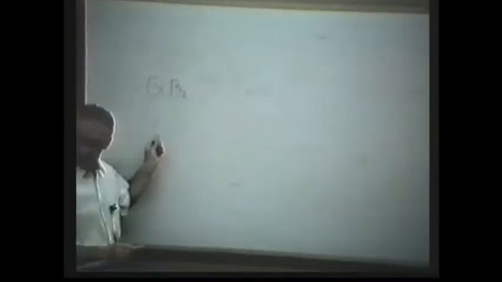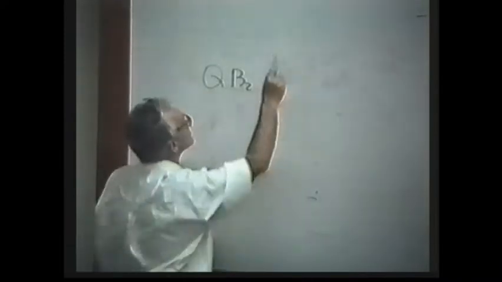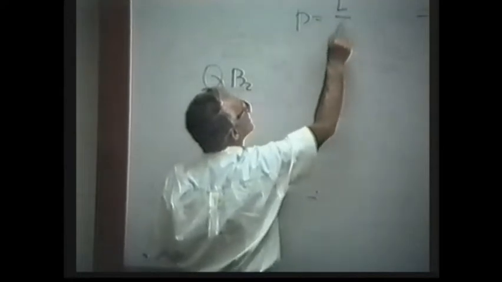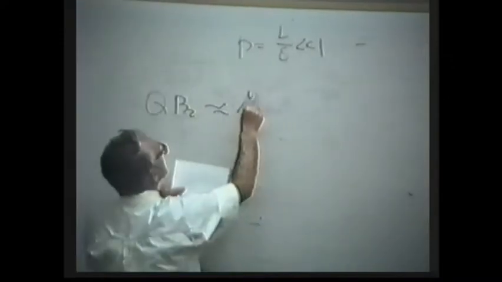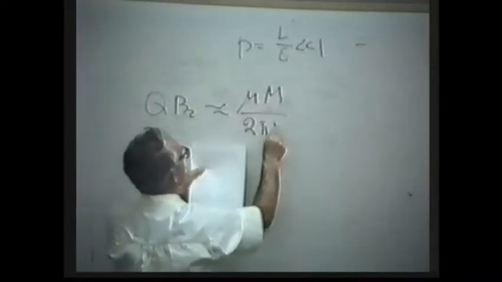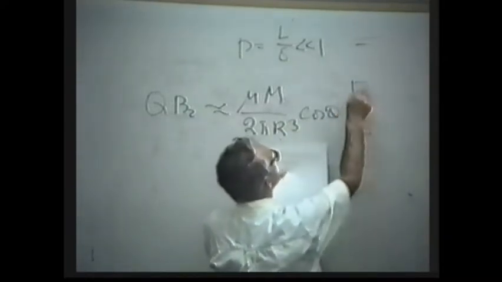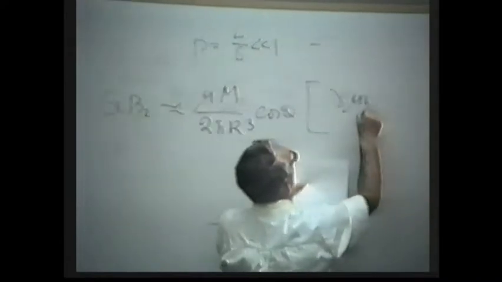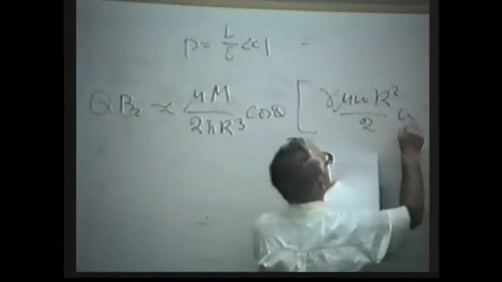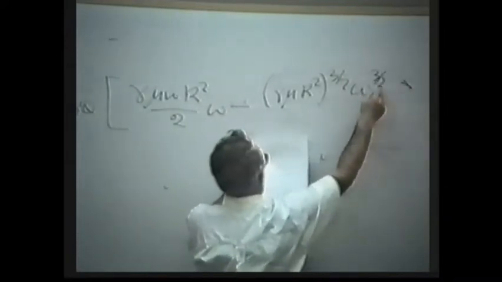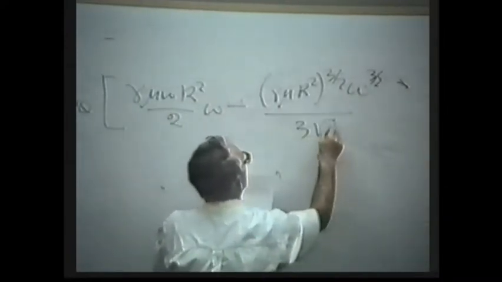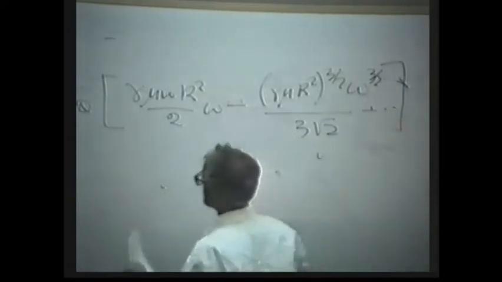The quadrature component of the magnetic field in the receiver at the low frequency part of the spectrum, or more precisely when the induction number is small, can be presented, let me write down, as mu m over 2 pi r cubed, cosine theta, for a uniform medium, times one minus gamma mu omega r squared over 2, plus gamma mu omega r squared to the power 3/2, and another term. It's an approximate expression.